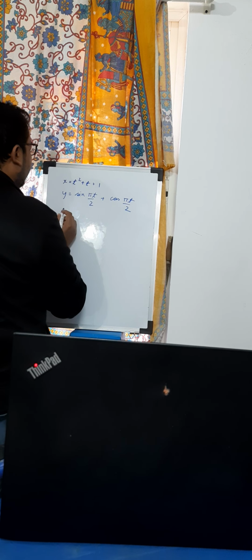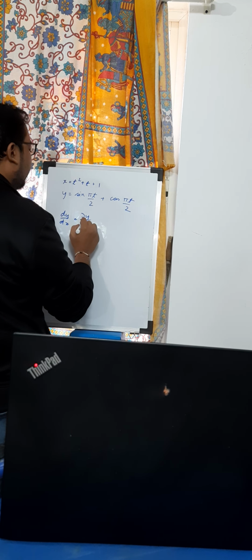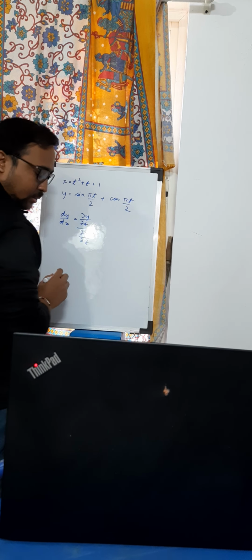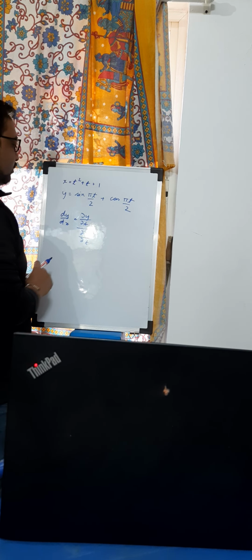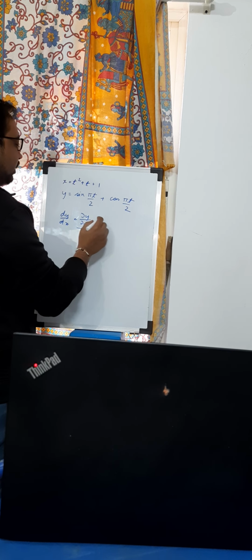So dy by dx is equal to dy by dt upon dx by dt. After I find out the answer, here what will I get?